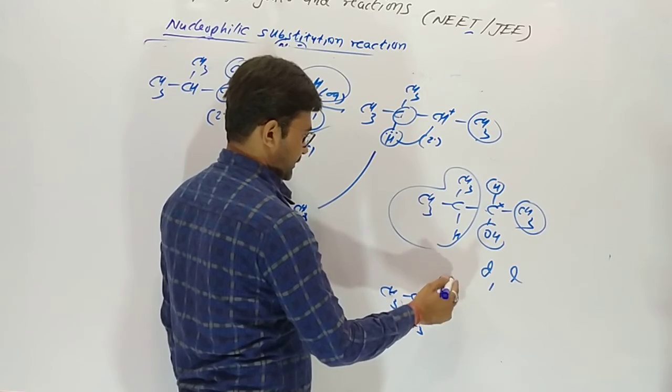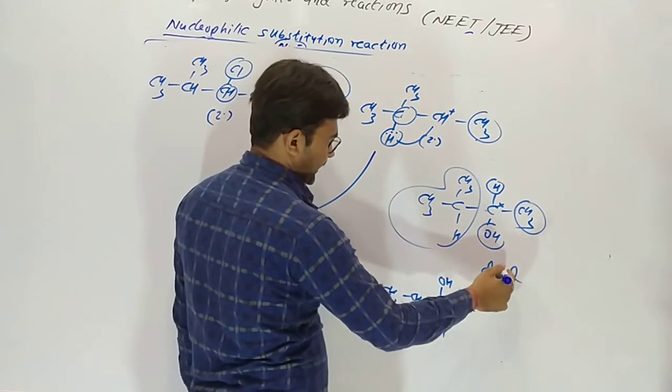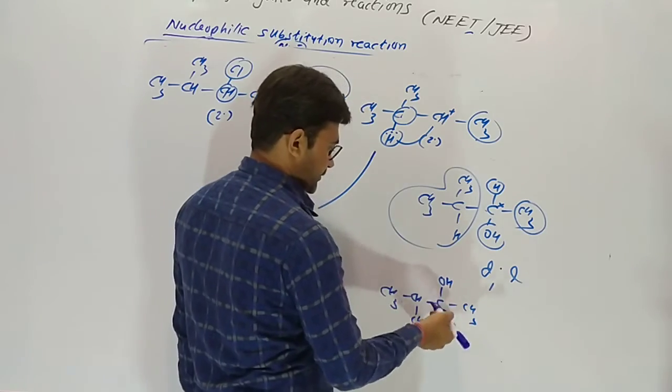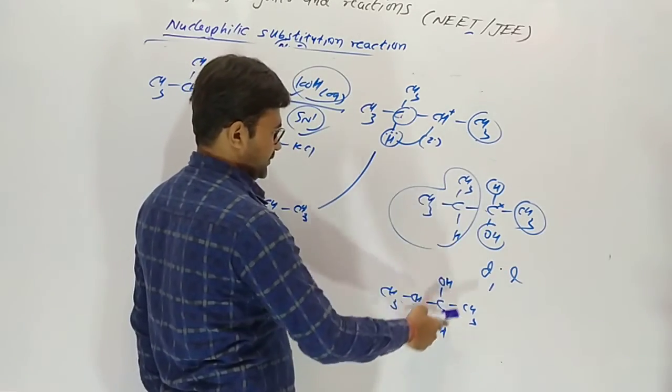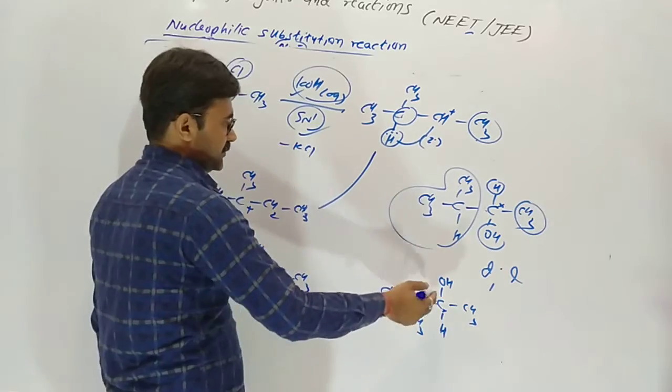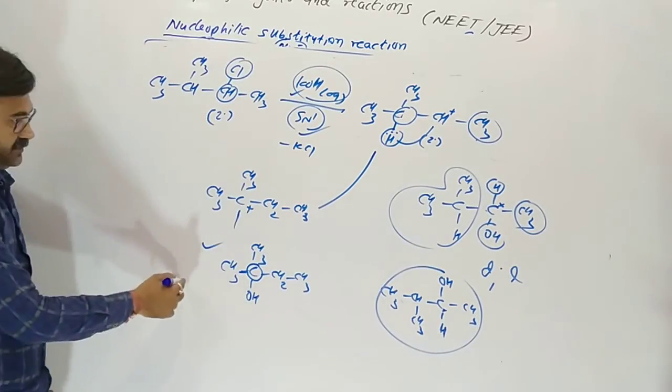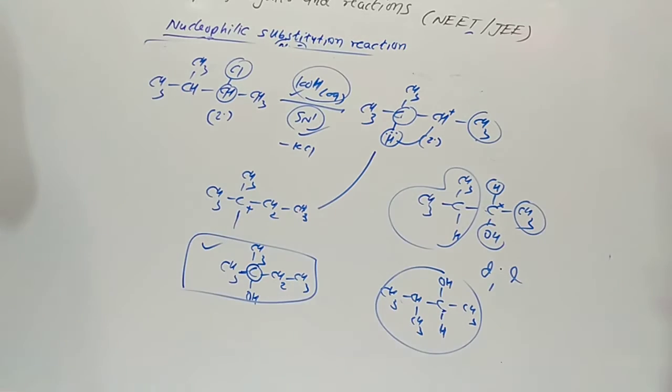So this is dextro, and this one levo, dextro and levo. The 2 minor products give a racemic mixture. The other one is the final product, the major product.